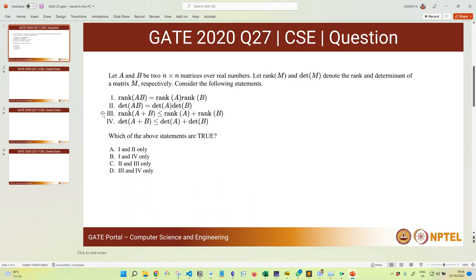Now let us take the third statement. Is rank of A plus B less than or equal to rank of A plus rank of B? Is it true?